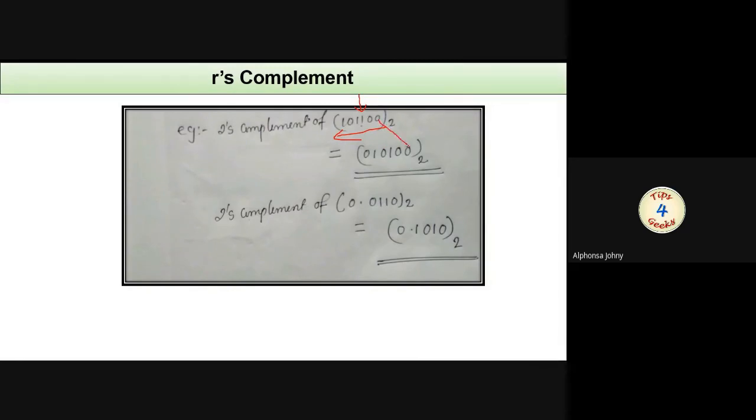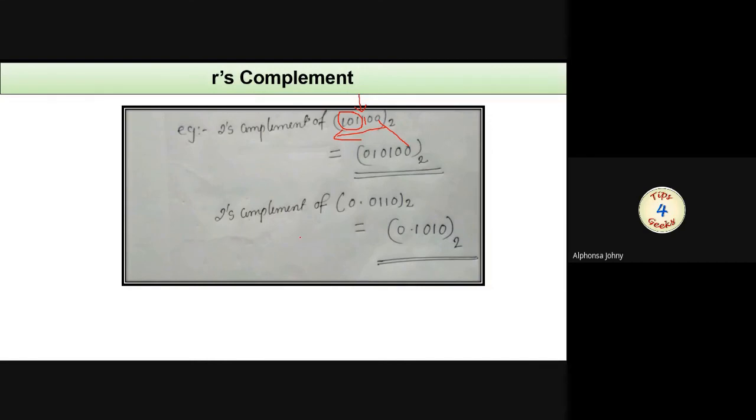That is 0, then 0, then 1. Then for this part, that is 101, we have to change 1 to 0, 0 to 1, and 1 to 0. So the answer is 01010 0 to the base 2.